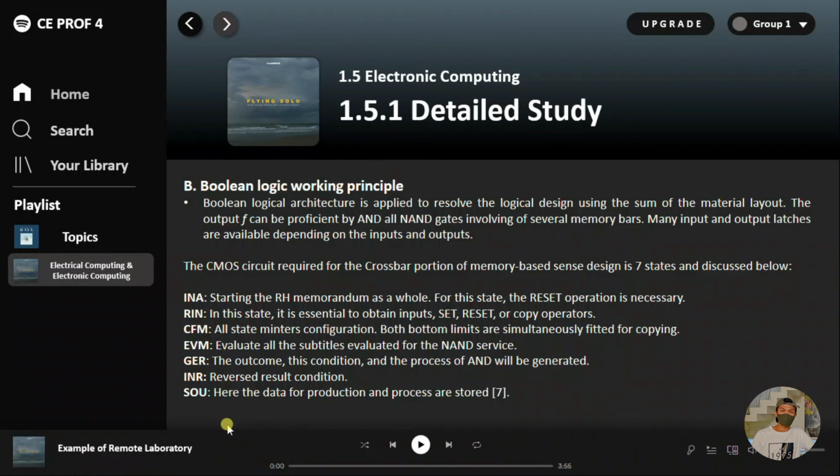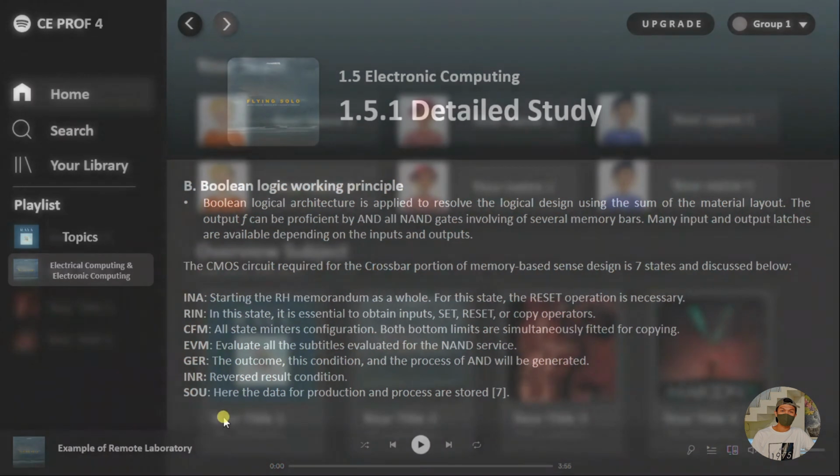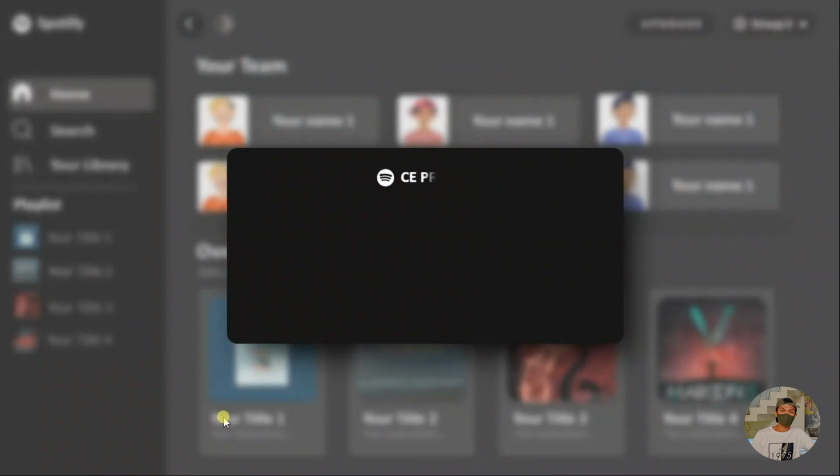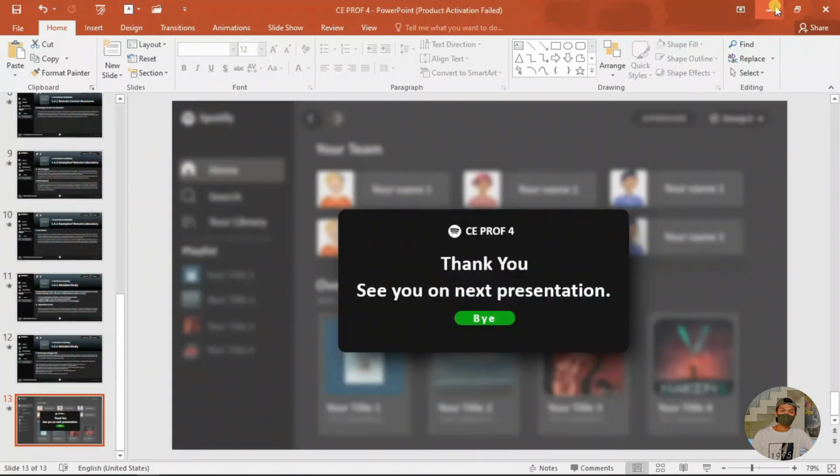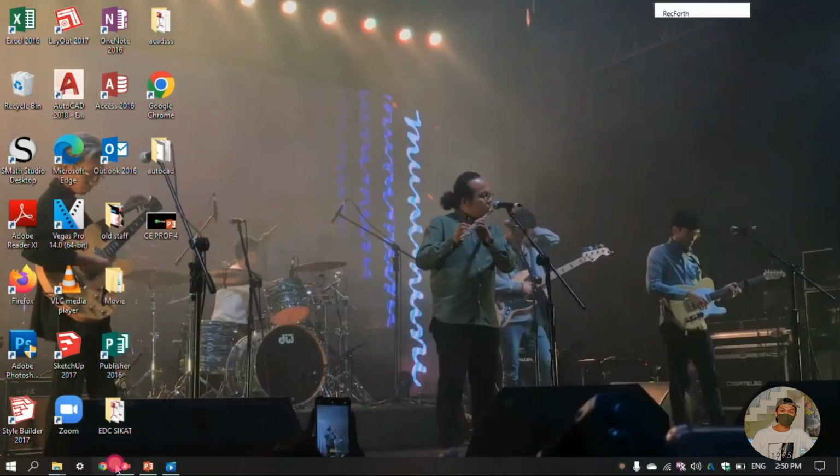And last but not the least, the SOU. Here the data for productions and process are stored. So that is the Boolean logic working principles. That is all about electrical computing and electronic computing. I hope you learned from the report and have a good day everyone.